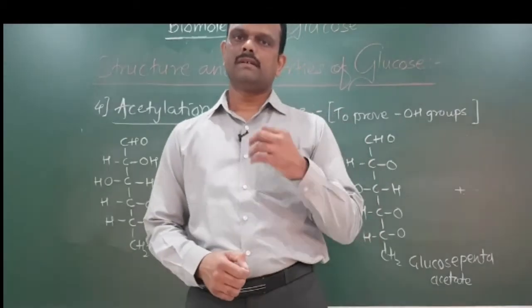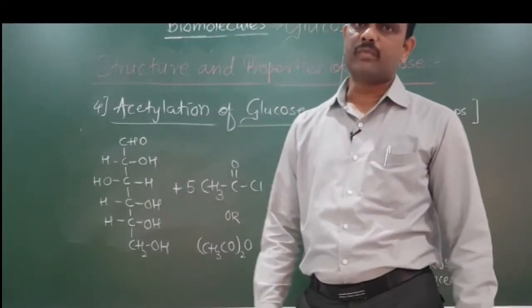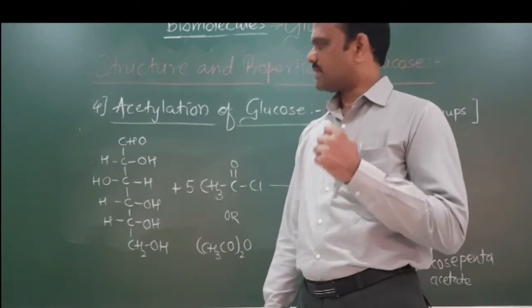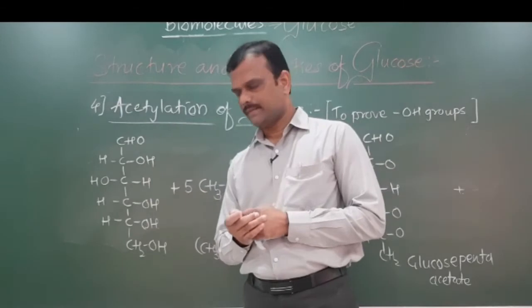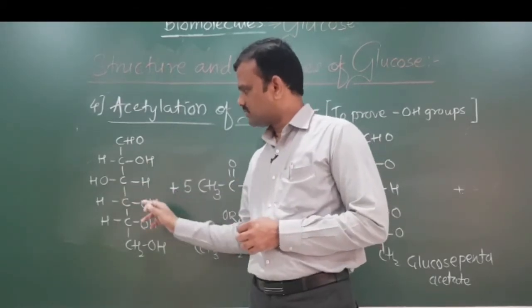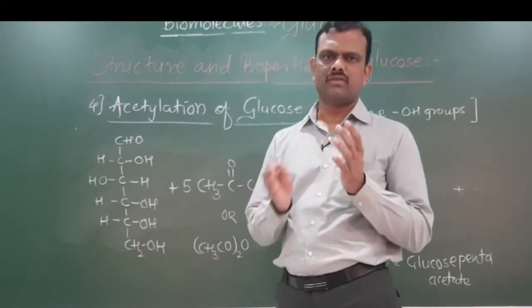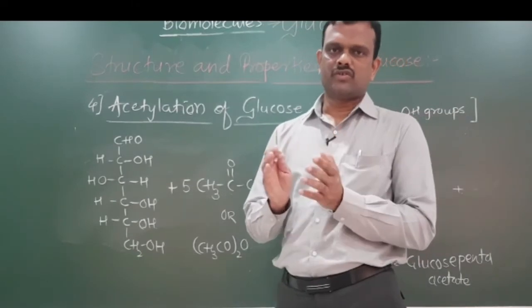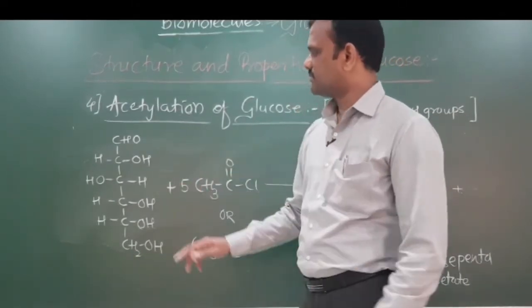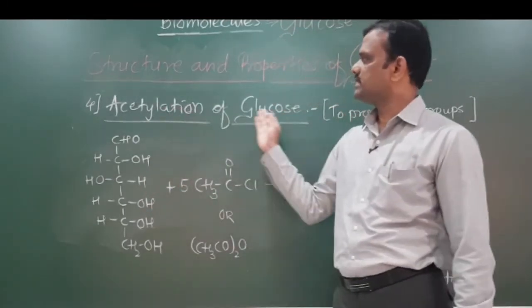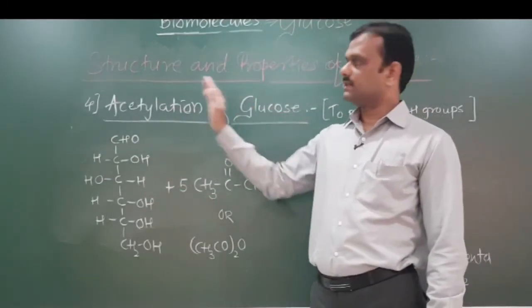Now the last chemical property to prove the presence of hydroxyl groups present in glucose. There are 5 hydroxyl groups in the open chain structure. We have to prove chemically that there is a presence of 5 hydroxyl groups. For that purpose, what do we have to do? We have to do acetylation of glucose.